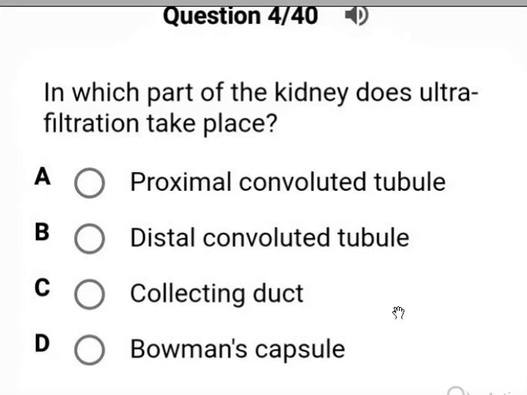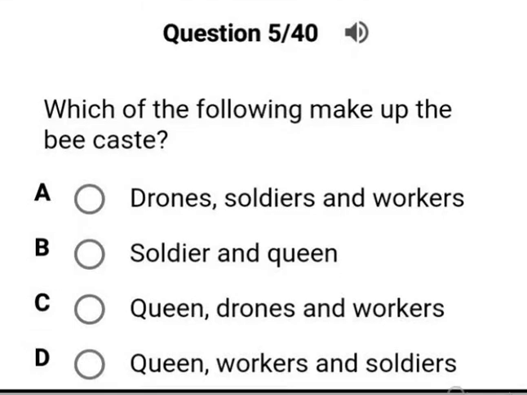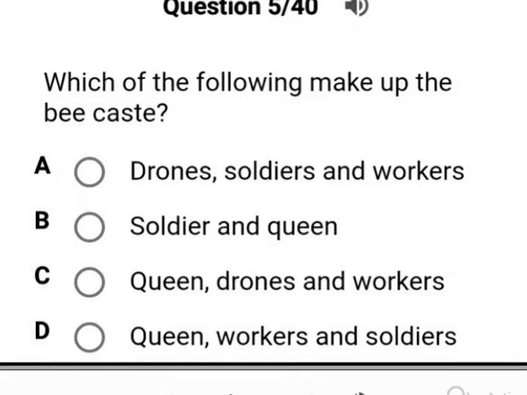That's question 5. Question number 5 says, which of the following make up the bee caste? A. Drones, soldier, and workers. B. Soldier and queen. C. Queen, drones, and workers. D. Queen, workers, and soldier.